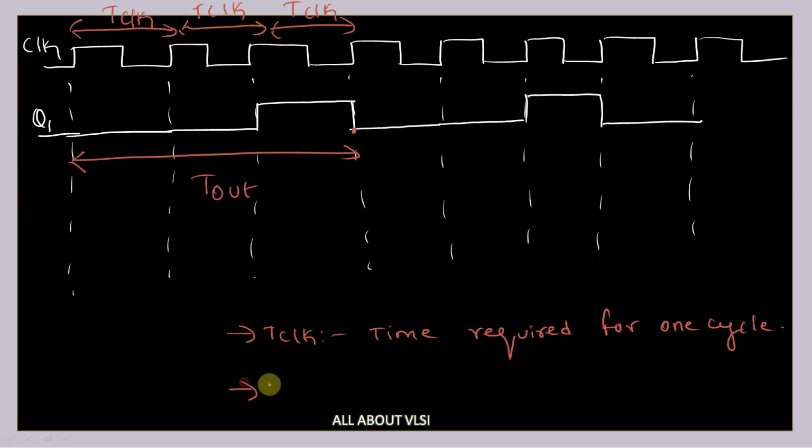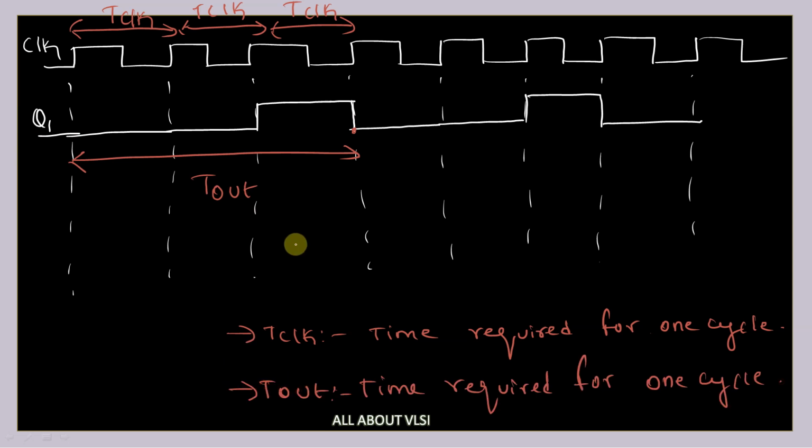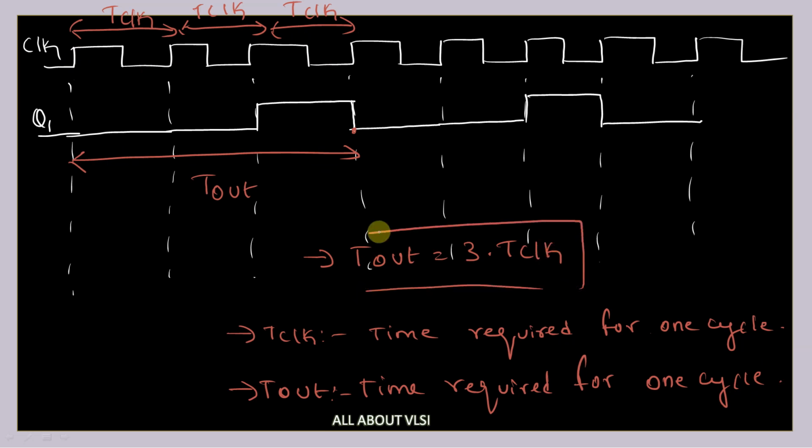I will write down here T out is a time, and if we can see here, if the clock is completing 3 cycles, then my output is completing only one cycle. So I can write down T out is nothing but 3 times T clock, because I can see from the diagram easily.